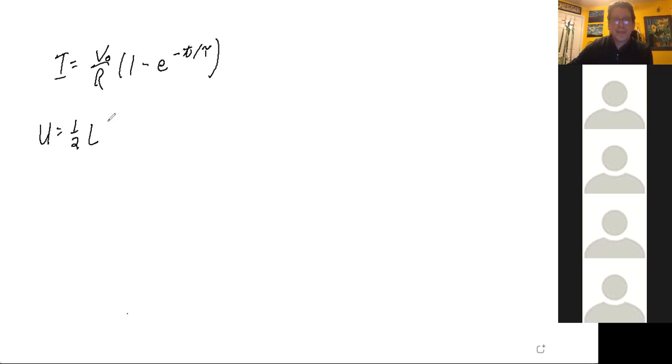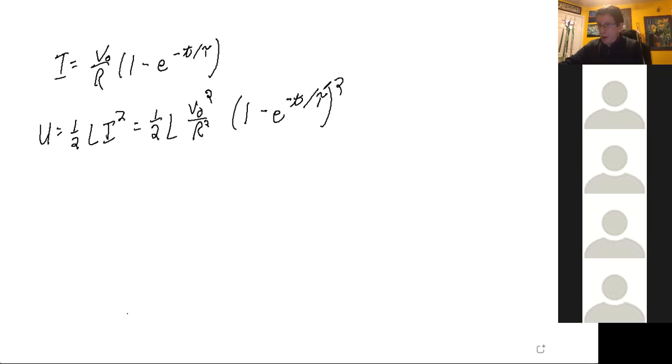So then we just plugged in the equation that we got for I, in the I squared. So it ended up as 1/2 L times V naught squared over R squared times 1 minus e to the negative t over tau, that whole thing squared. And that was part A.